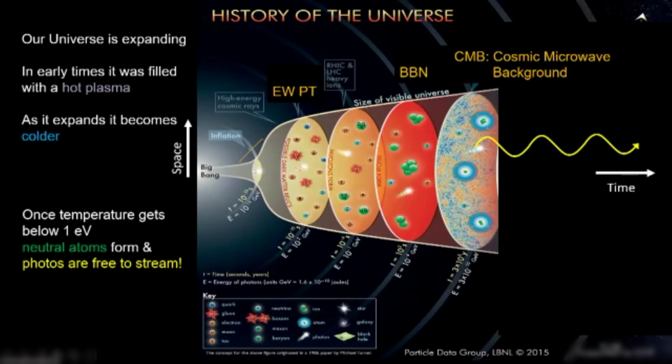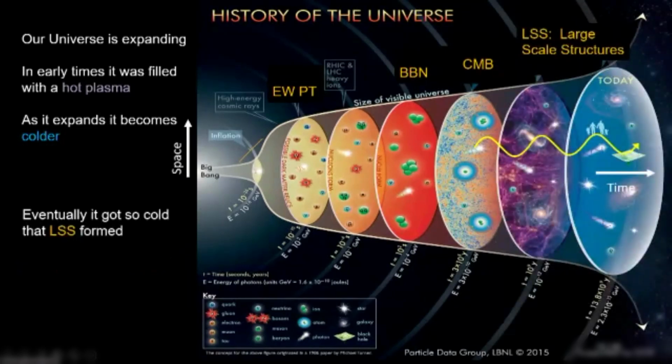By creating neutral atoms, the universe made the path free for photons to propagate. Before this time, photons were not able to propagate in the plasma. This is the cosmic microwave background era from which we get the earliest information from our universe.